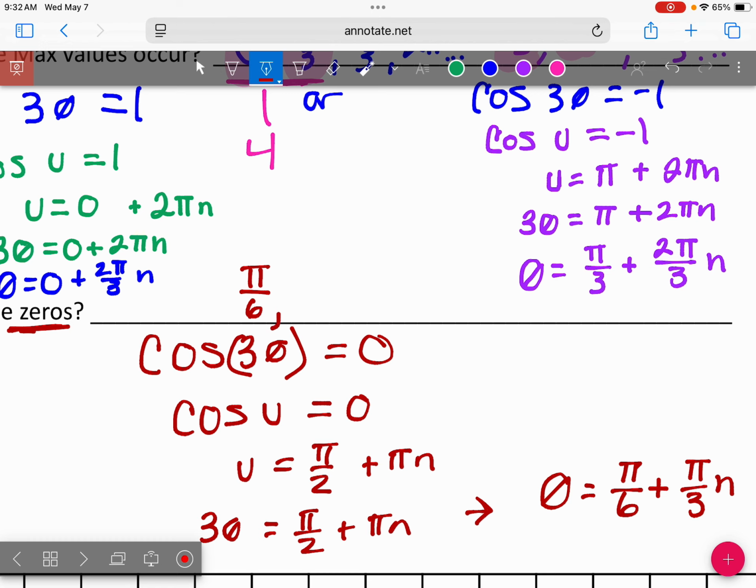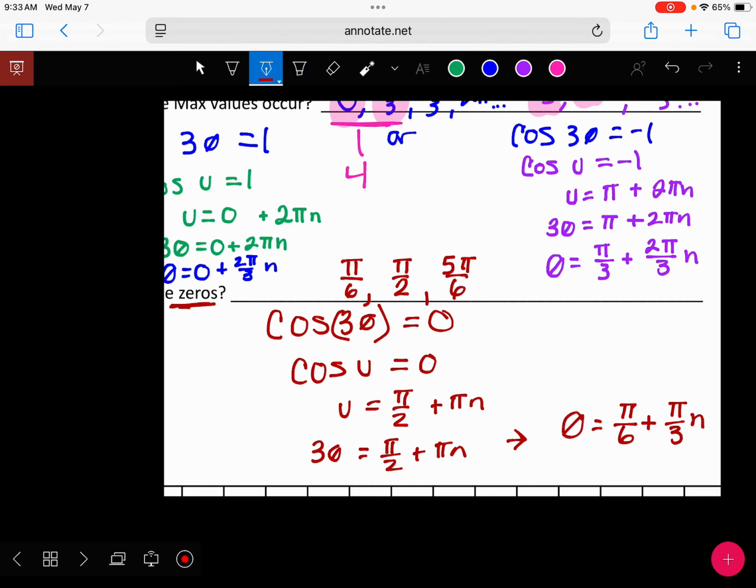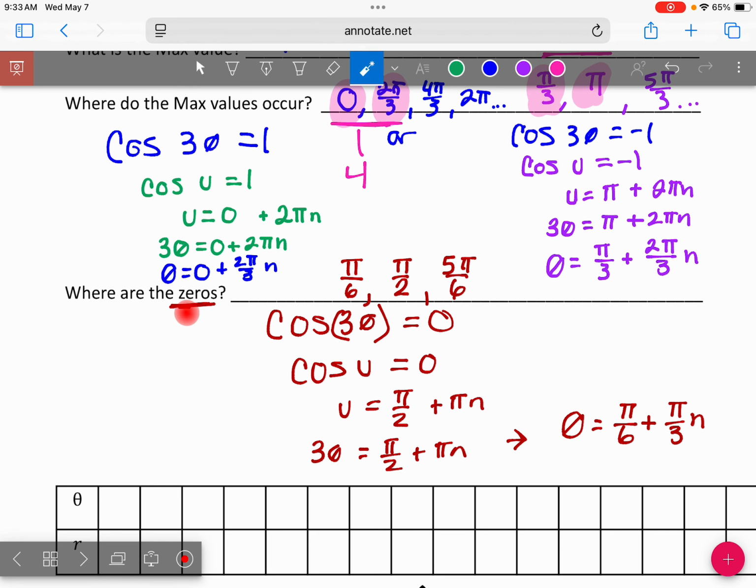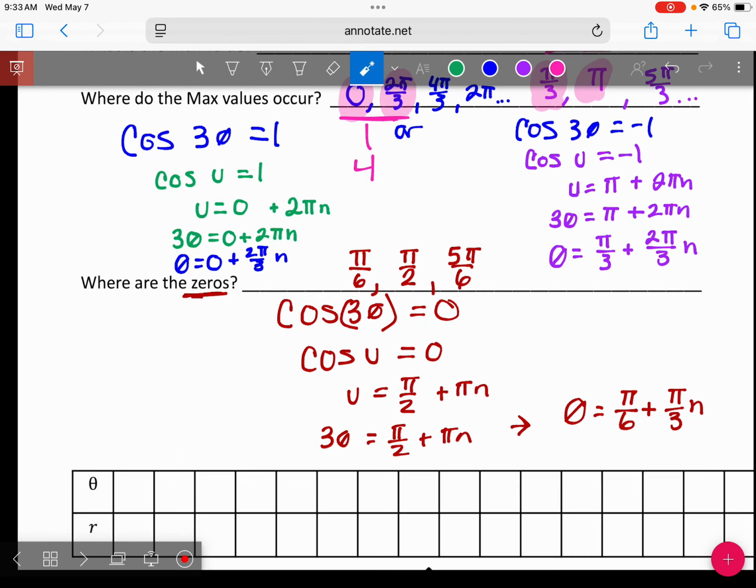And then if we add pi over 3, so that's adding 2 pi over 6, we're going to get pi over 2. And then if I add another 2 pi over 6, we're going to have 5 pi over 6. And what all of these are is these are going to be zeros. So I know those points as well.